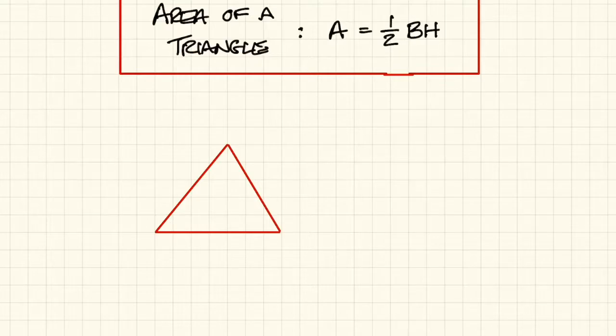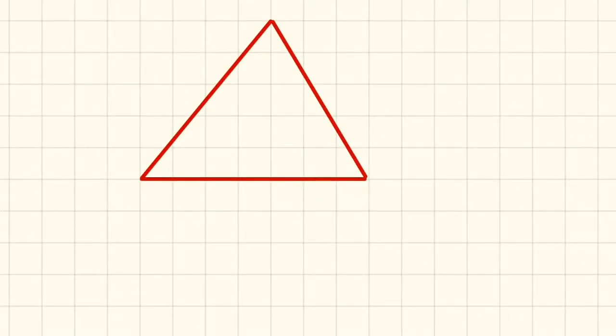This triangle is different because it's not a right triangle, so I don't really have the height. I could measure the base, right? Let's zoom in so you've got a clear picture. I've got 1, 2, 3, 4, 5, 6, 7. Seven must be my lucky number today. So I've got those 7.